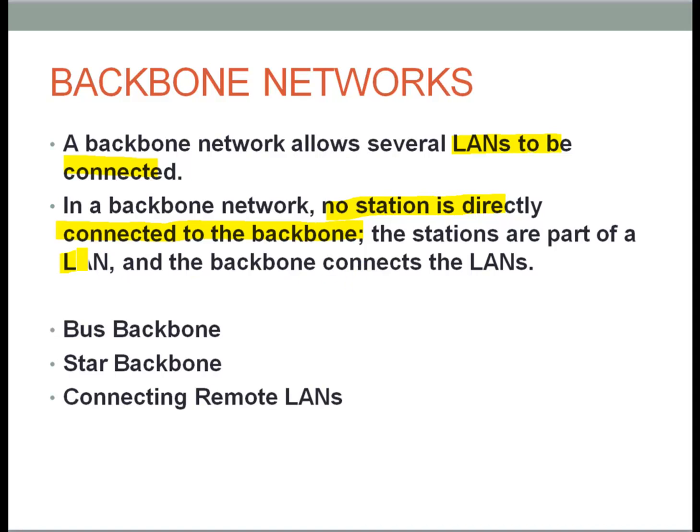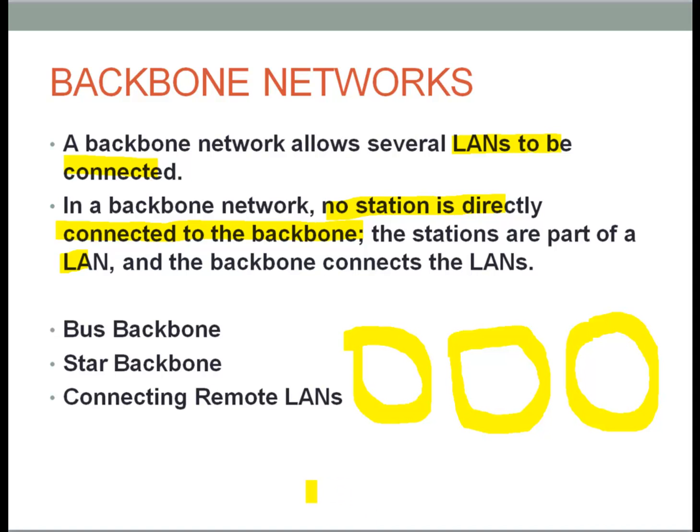Instead, it will be local area networks. For example, this is a local area network with 100 computers. This is another local area network with another 100 computers. This is another local area network. Now I am going to use a backbone network, and using the backbone network I can connect these local area networks. So this is called a backbone network.